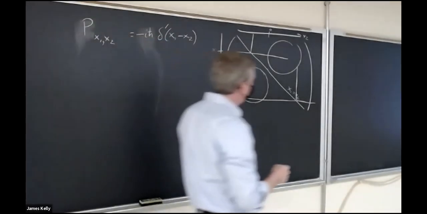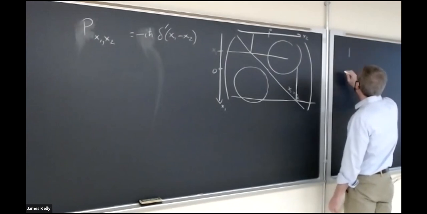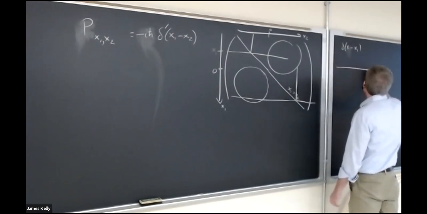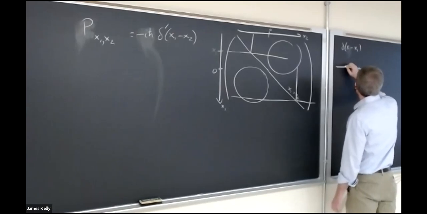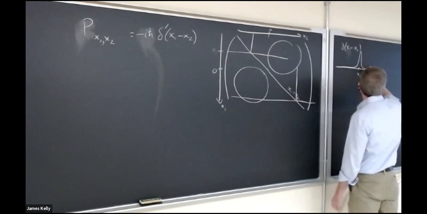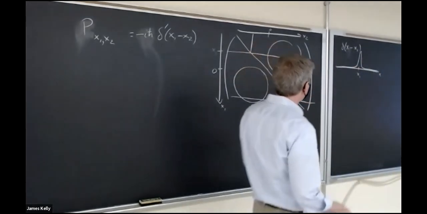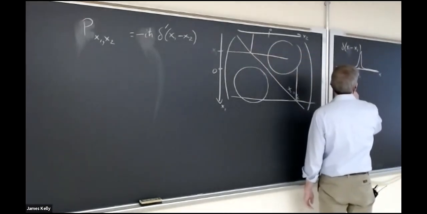So I guess first of all, if I know a Dirac delta function looks like this, as a function of x, delta of x minus x1 as a function of x, here at x1, our kind of model is a very narrow Gaussian or something like that, right? Sharply peaked Gaussian. What would the derivative of that function look like?